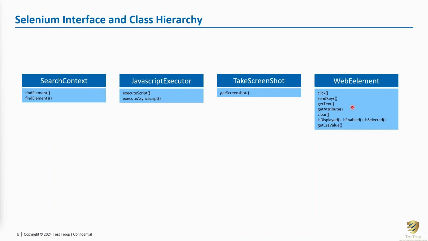Some of the commonly used methods to perform interaction with a web element are click, sendKeys, then clear, then getting the attributes and properties of a given web element like getText, getAttribute, getCssValue, getTagName, and then identifying the element states such as isDisplayed, isEnabled, isSelected, then getting the position and the size of the elements like getSize, getLocation, etc., and some other methods like submit.